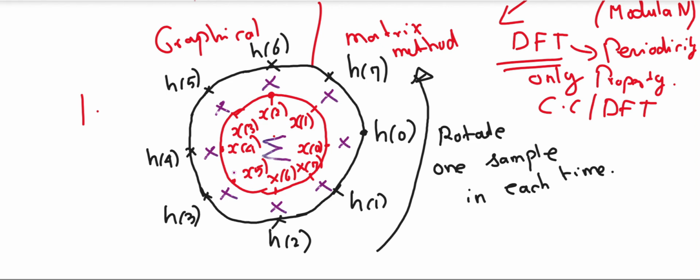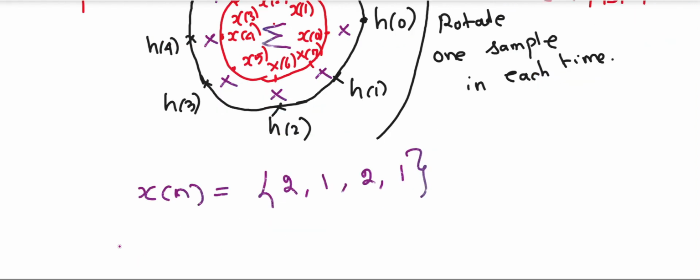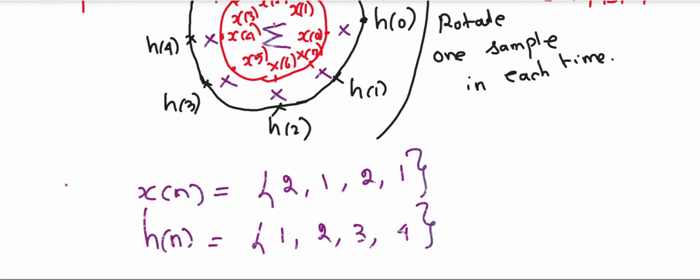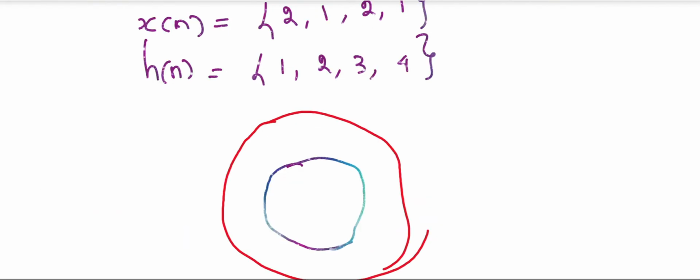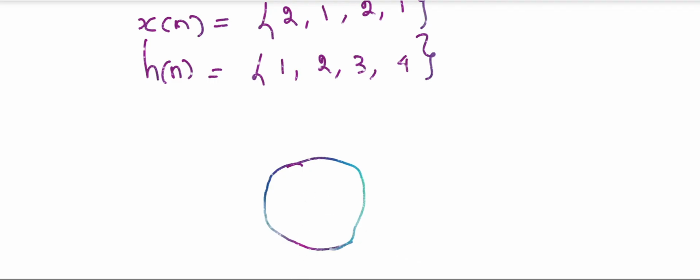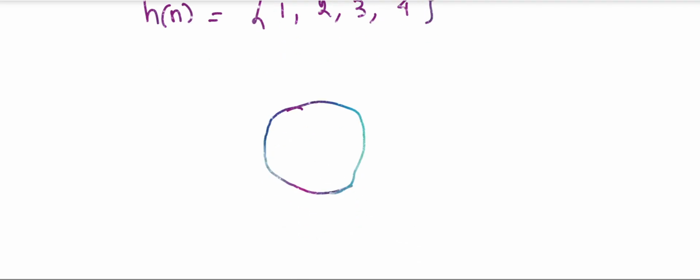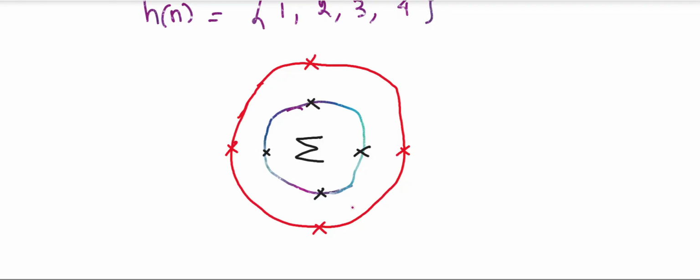We will take one example: x of n is 2 1 2 1 and h of n is equal to 1 2 3 4. First, we draw the inner circle and represent the sequence x of n, and the outer circle to represent the values of h of n.